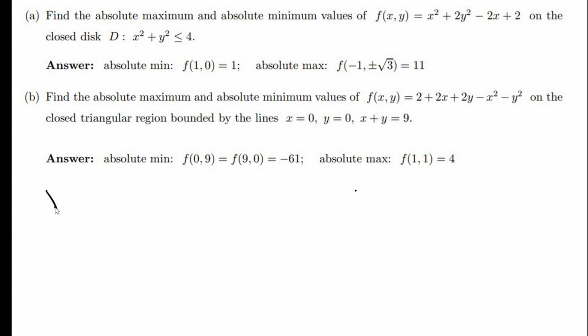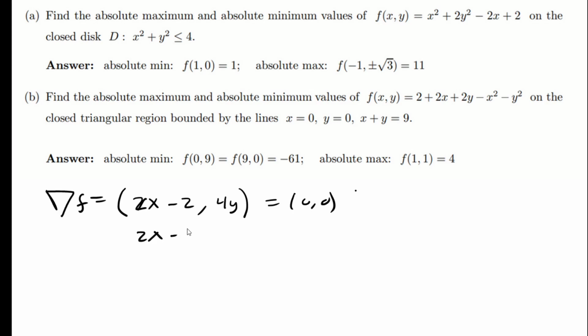Let's do the gradient of f, which is going to be 2x minus 2, and the derivative with respect to y is going to be 4y. That's it. Set that equal to 0. We get that 2x minus 2 equals 0, and 4y equals 0. That's pretty easy to see. We have x equals 1, y equals 0. So we're looking at the point 1, 0.